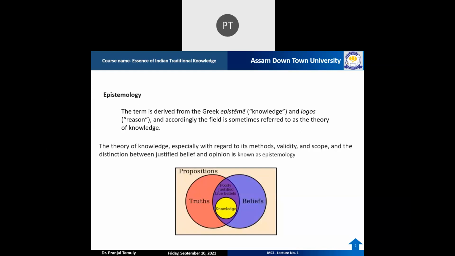That is the truth part. What we can prove and what is the truth, that art is wrong. So that yellow part is the knowledge, that art is wrong. In this way we can differentiate between truth and belief.